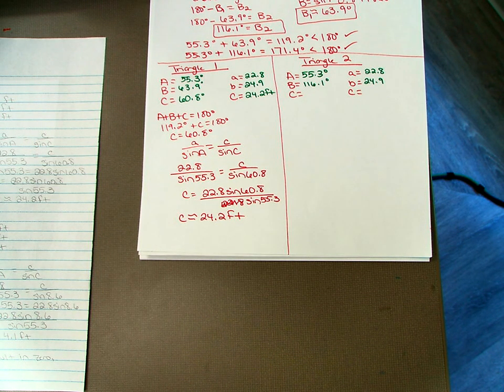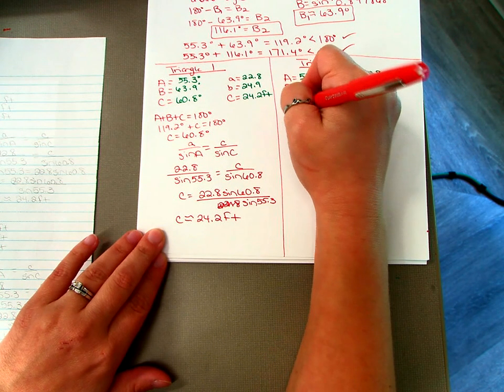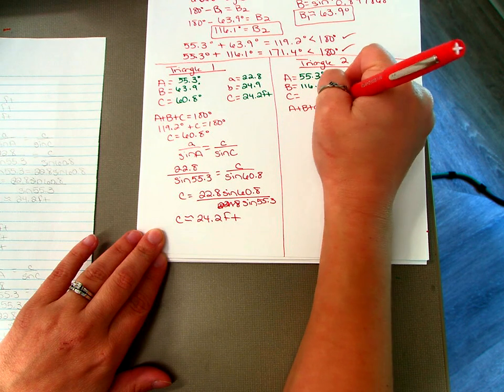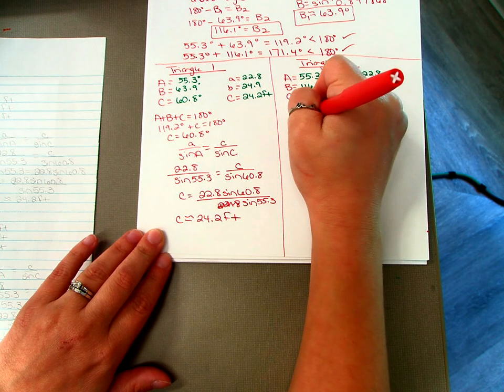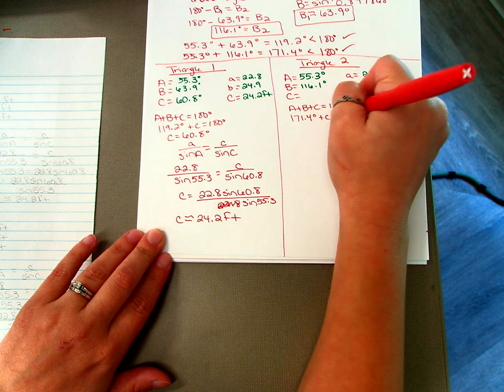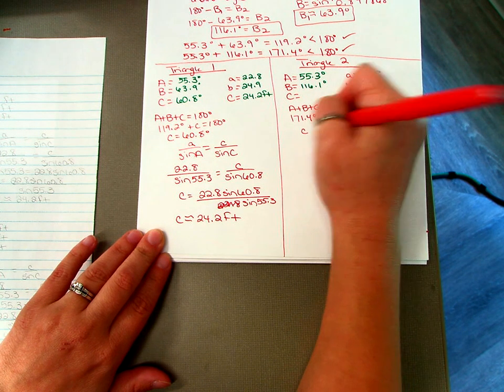Now we do those exact same steps, literally verbatim, with triangle 2. So 171.4 plus C equals 180. So C is going to have a measure of 8.6.